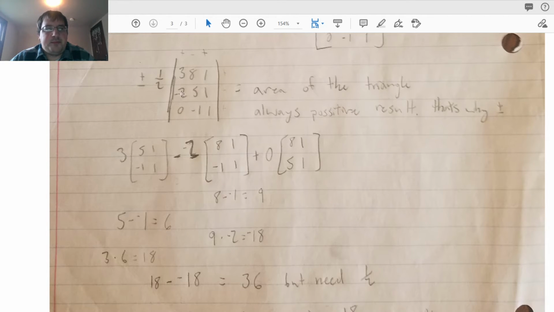It can be any one, but for this example, the easiest one would be going down this column, number 1. You take your first number, and you multiply it by the determinant of, sorry, let me see if I can write on here.